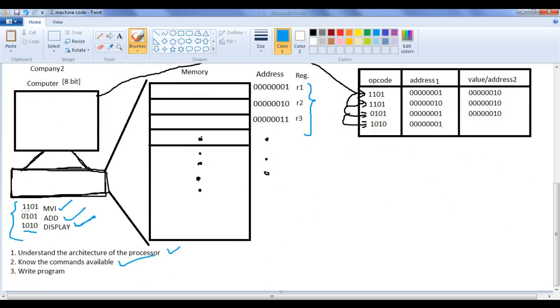Here we have 1101 to indicate the MVI, that is the move immediately command. Here the code 1101 indicates move immediately this value to this address. So what the computer does, it takes that value and puts it in the specified address, which is register 1.